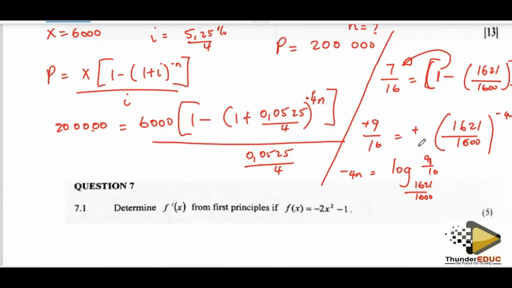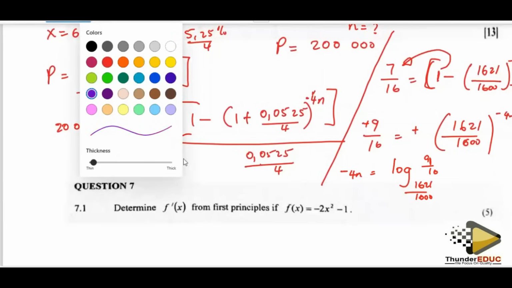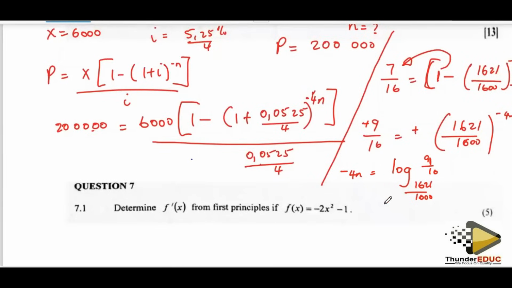Okay, so when I simplify this, I need to create space. I'll take it out. So negative 4n is equal to that log, with the base 1621 over 1600 and the argument 9 over 16.